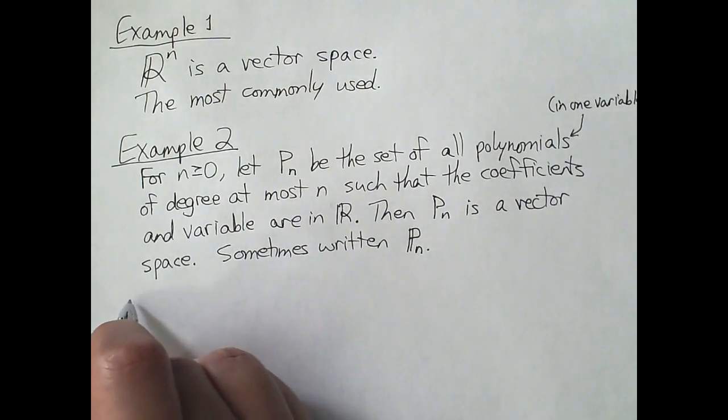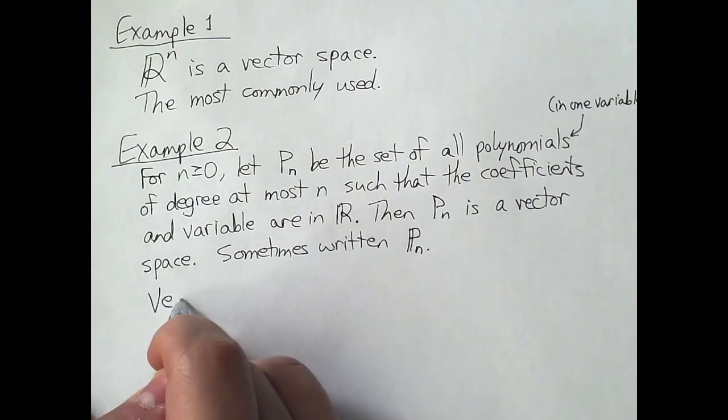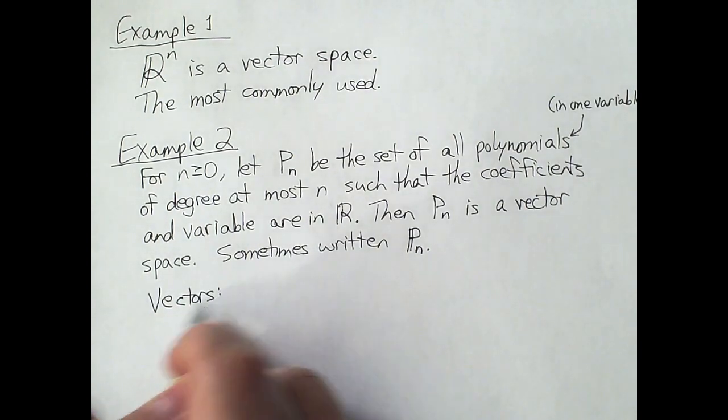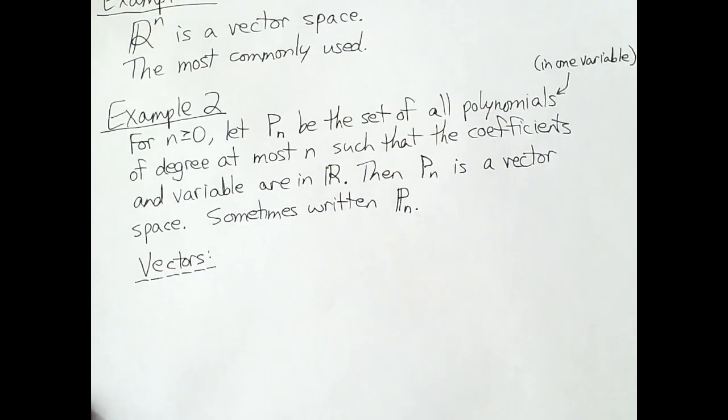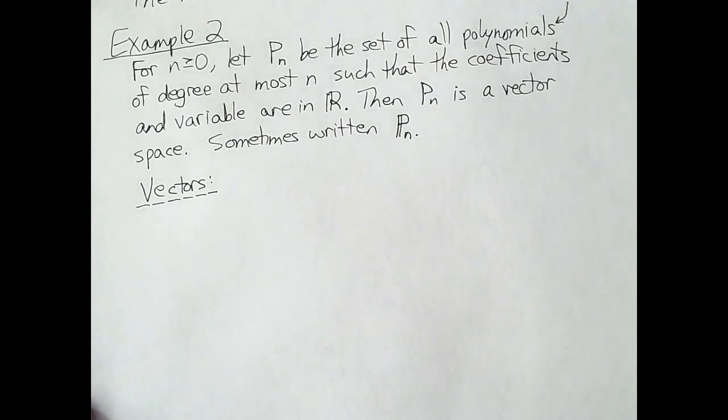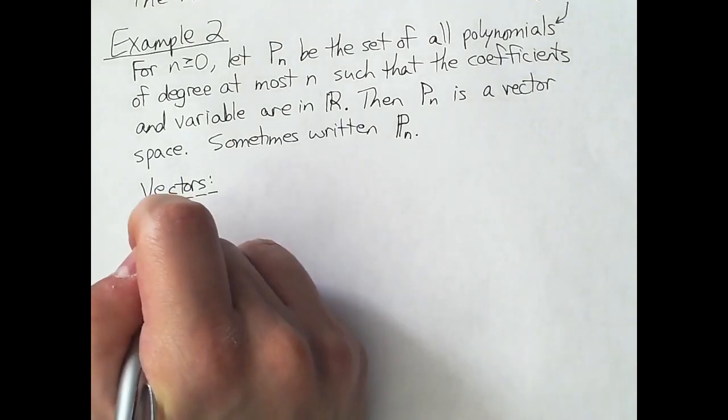First of all, in example 2, what are the vectors? Well, vectors are supposed to be the elements or objects.